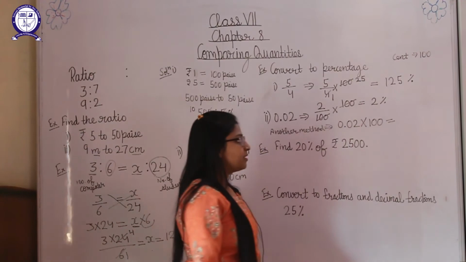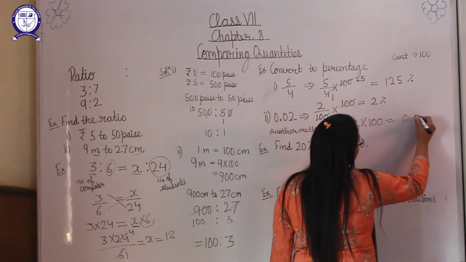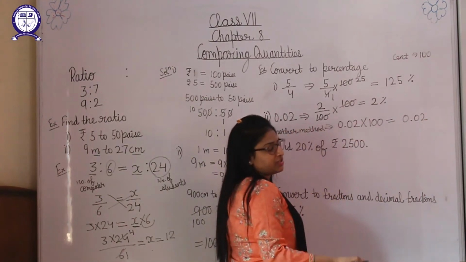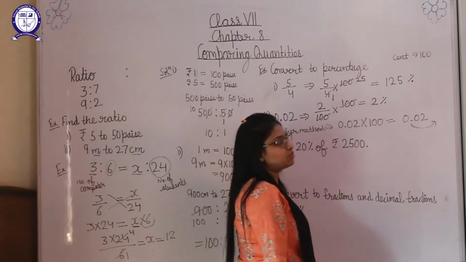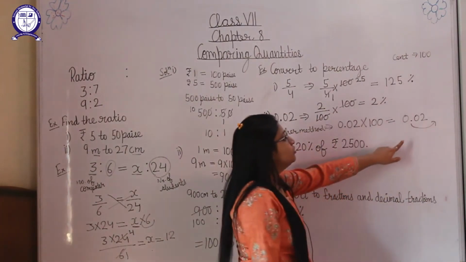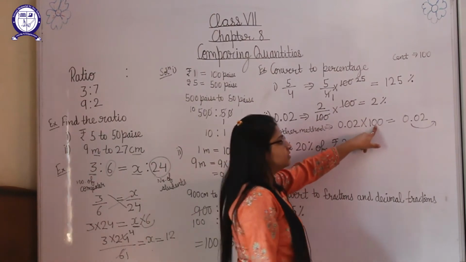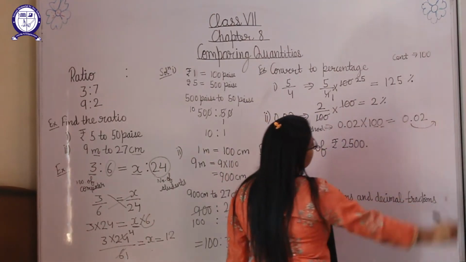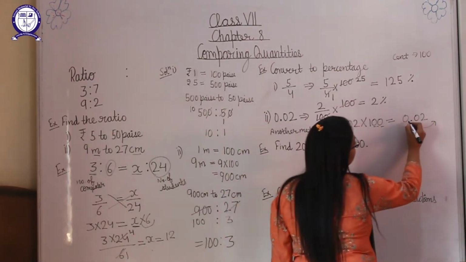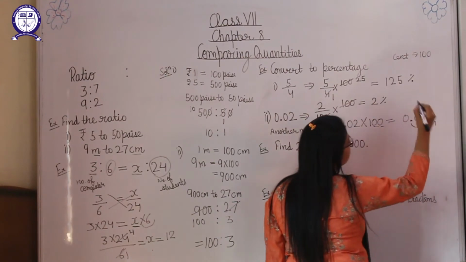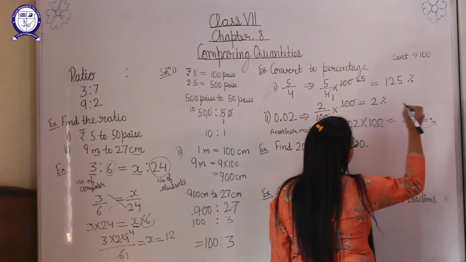In the case of multiplication, we shift the decimal towards the right side, and up to how many digits? How many zeros are here? 2. So we will shift the decimal by 2 digits. So 1 and 2 digits, so it will be here.